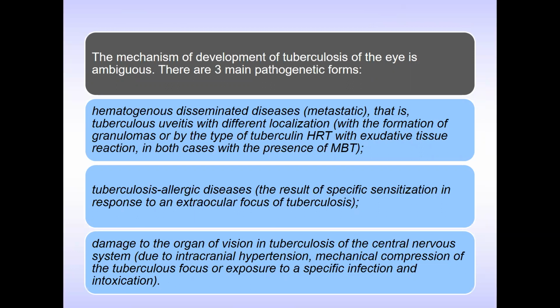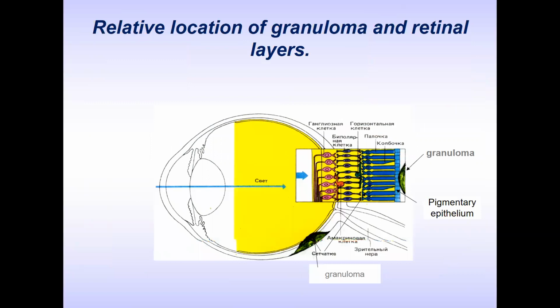There are three main pathogenetic forms. You can see and write this. Relative localization of granuloma and retinal veins.